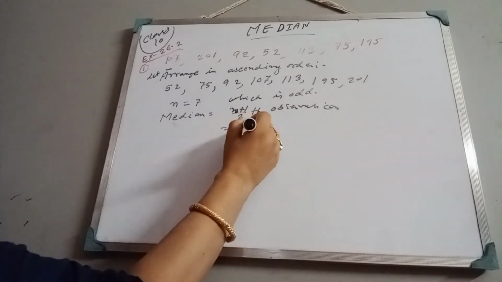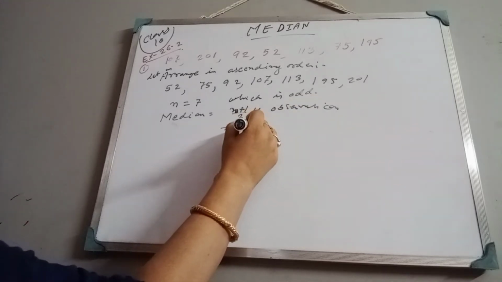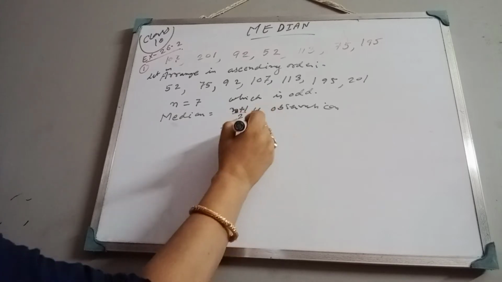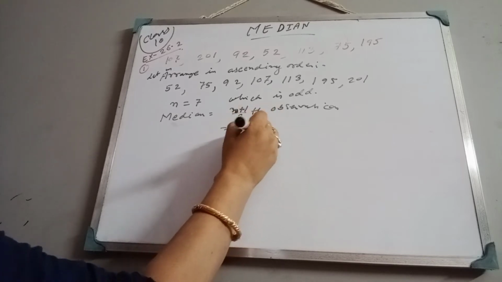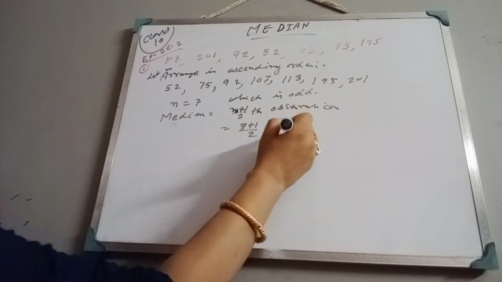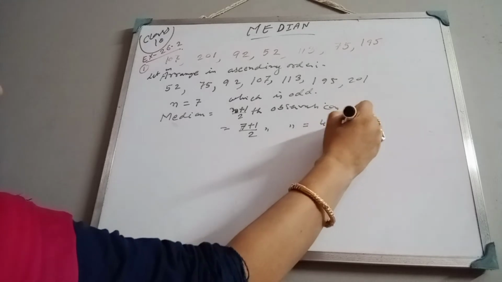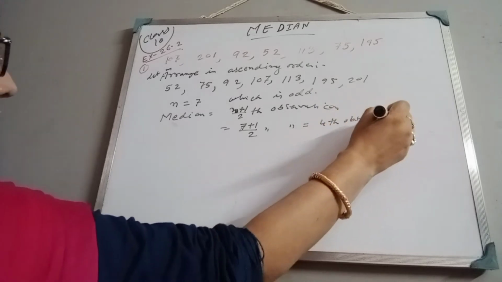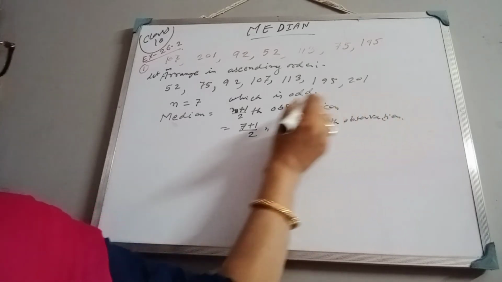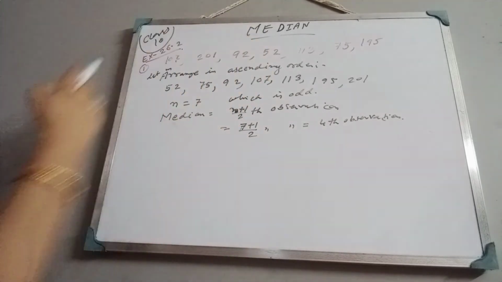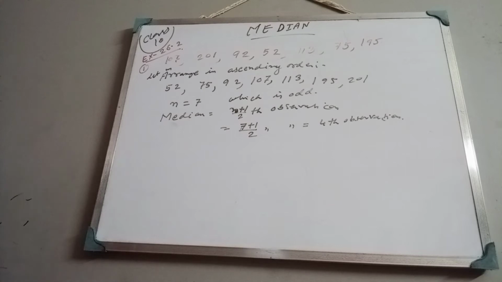So n means 7. 7 plus 1 is 8, 8 by 2 is 4, that is the fourth observation. Fourth observation means 1, 2, 3, 4. The fourth is 107. 107 is the fourth observation.